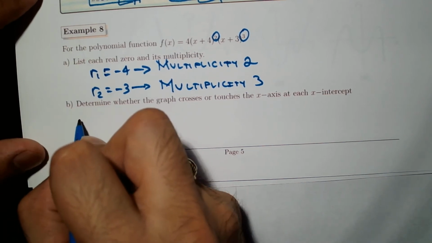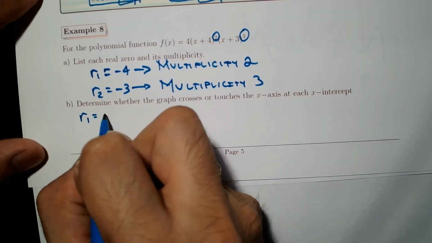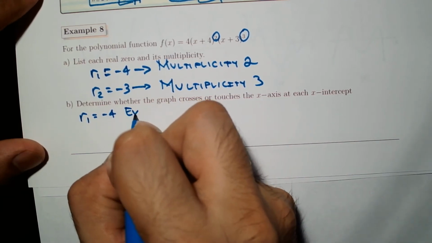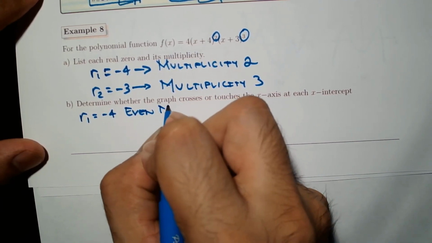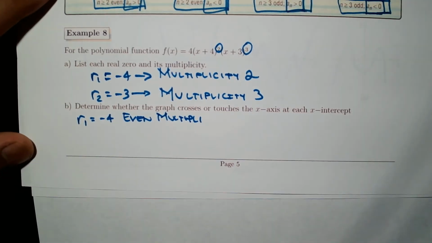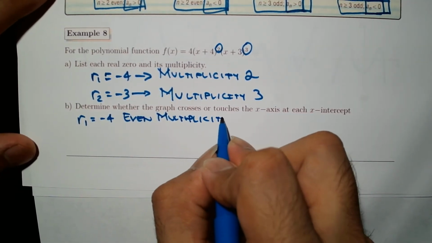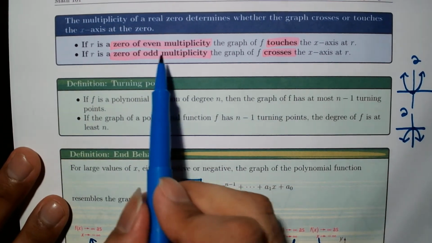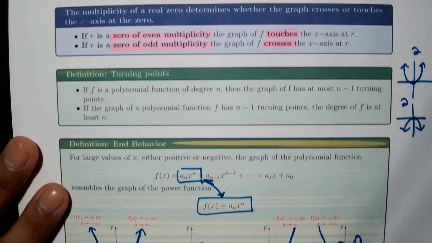So r1, which is -4, has even multiplicity. Even multiplicity is going to touch the x-axis.